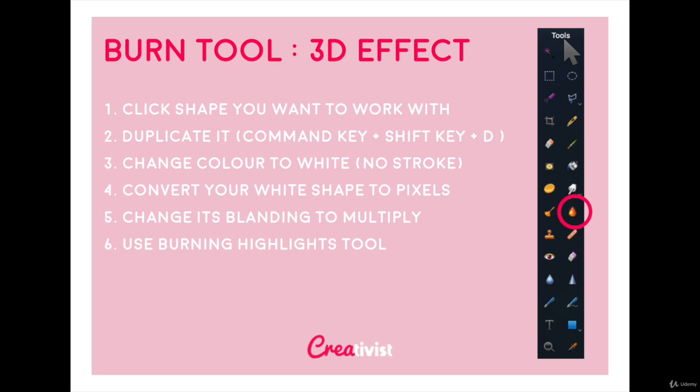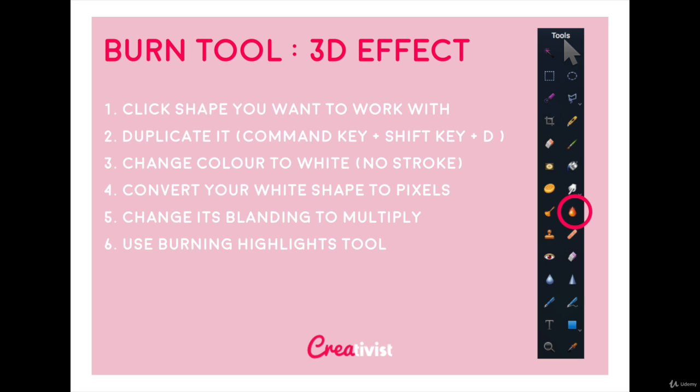We would change its color to white without any stroke. Next, we'll convert the white shape to pixels, change its blending to multiply, and then with our burning tool, we will burn the highlights of the shape.